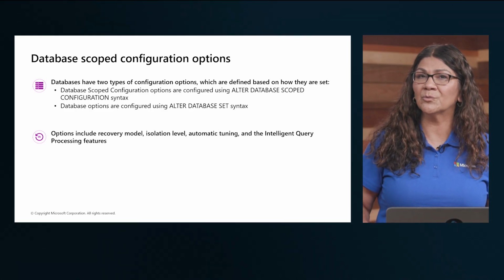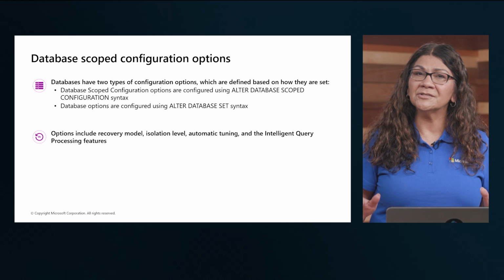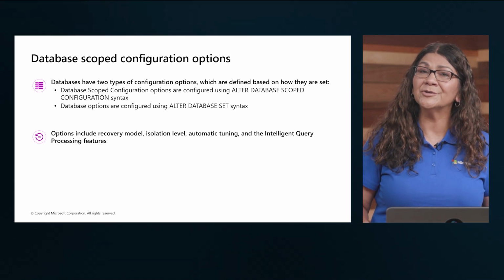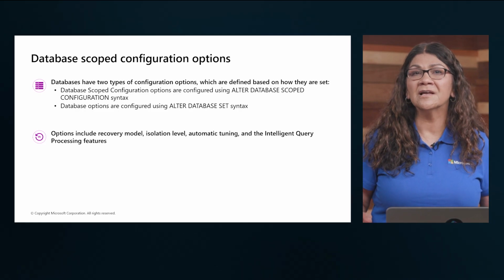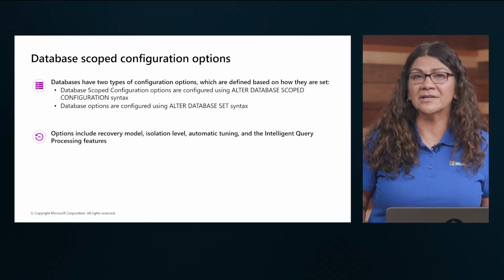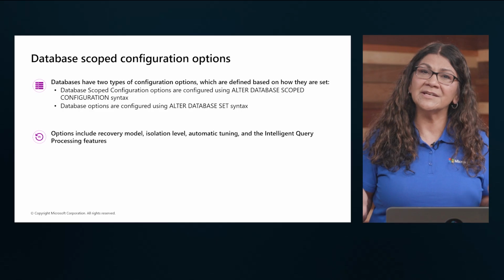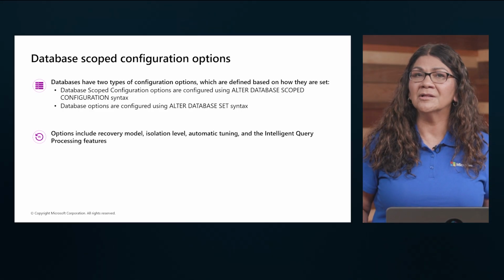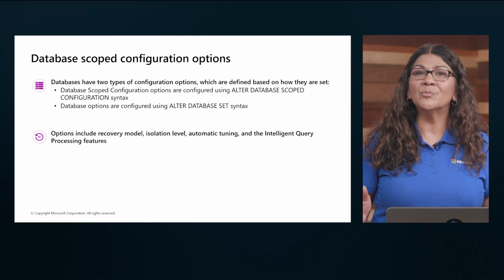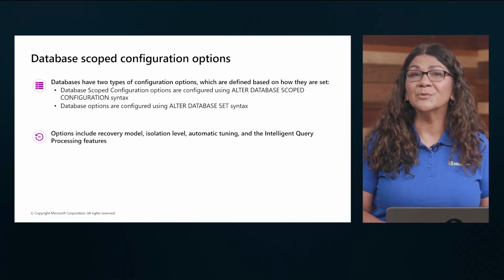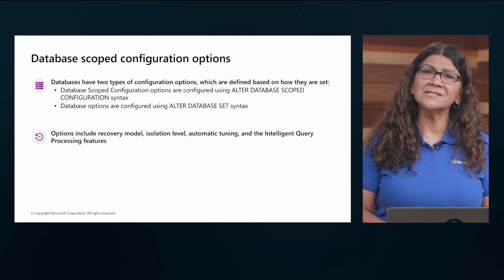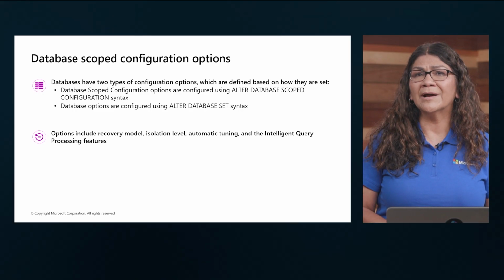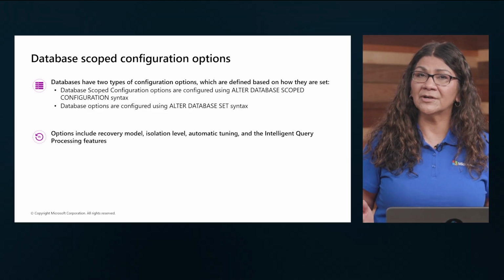behavior for specific workloads. Use ALTER DATABASE SCOPED CONFIGURATION when you want to fine-tune performance-related behaviors specific to a single database, and use ALTER DATABASE SET for broader database settings like recovery model or compatibility level. Both methods serve similar purposes, and the choice depends on the type of option being configured rather than any functional difference.